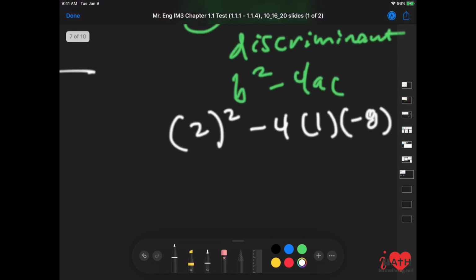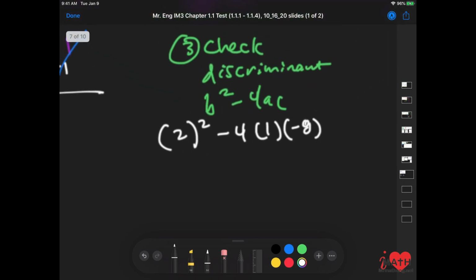Remember, substitutions are always in parentheses. Always. Let's simplify this. 2 squared is 4. -4 times 1 is -4, and -4 times -8 is +32. 4 plus 32 is 36.